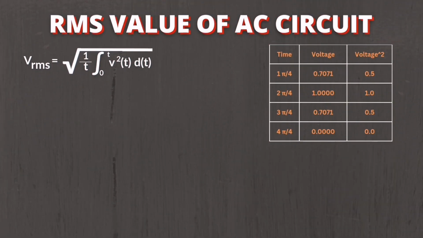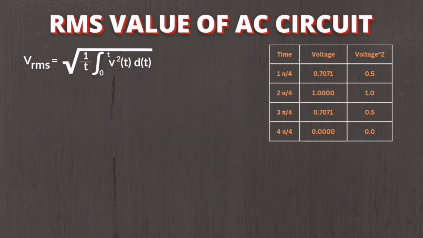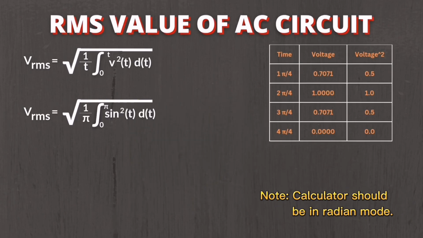The general formula for Vrms is equal to square root of 1 over T, the integration of V squared of t dt from 0 to T. Time T is equal to pi since we are going to integrate the half cycle. So the solution is Vrms is equal to square root of 1 over pi, the integration of sine squared t from 0 to pi, since V of t is equal to sine of t.